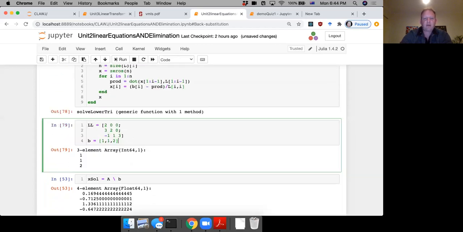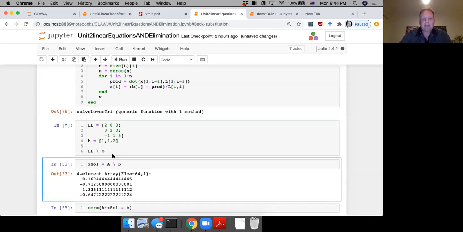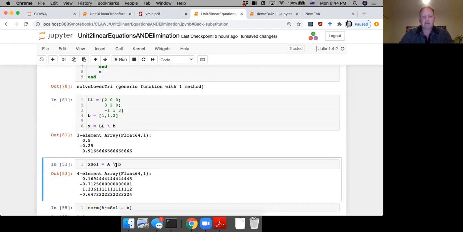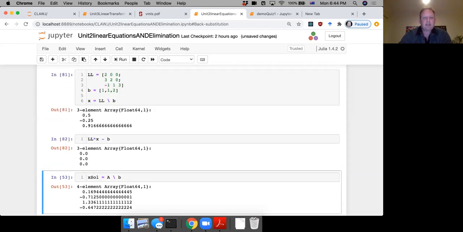If I want to solve LL slash B, this is going to be my solution, not knowing that this is a lower triangular system of equations. Let's call this X. I'm first just checking my example: LL times X minus B should be 0. This is how we do it using backslash.